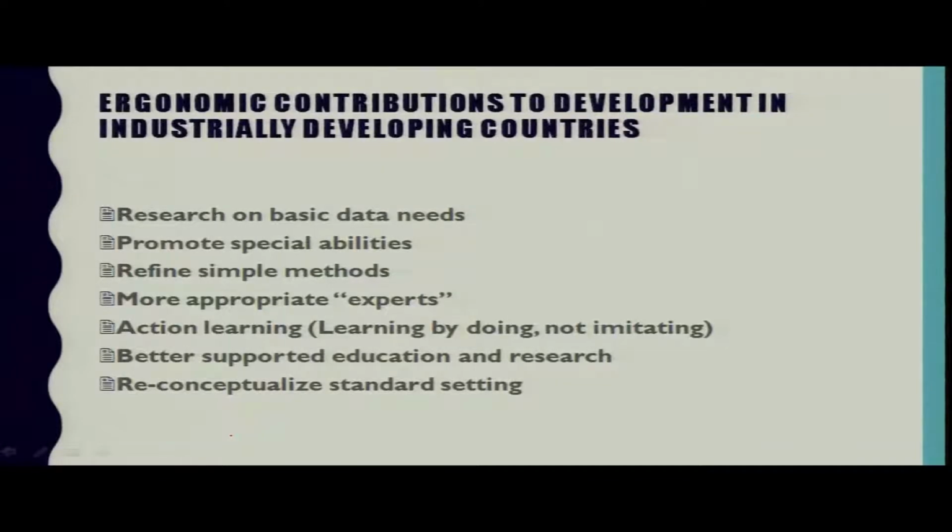As far as ergonomic contributions to development in industrially developing countries, the research on basic data needs, the promotion of spatial abilities, refining of simple methods, more appropriate experts, action learning like learning by doing not imitating, and better supported education and research, as well as reconceptualizing standard settings.